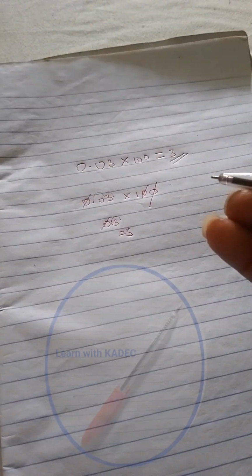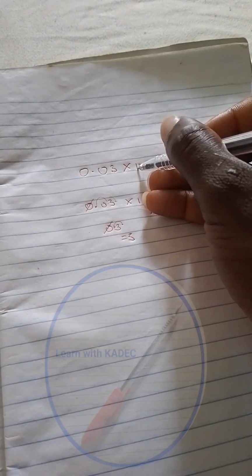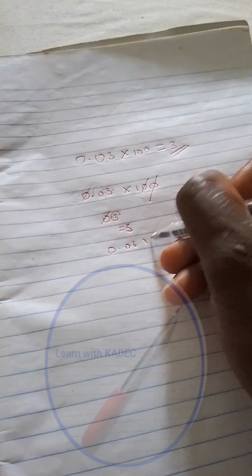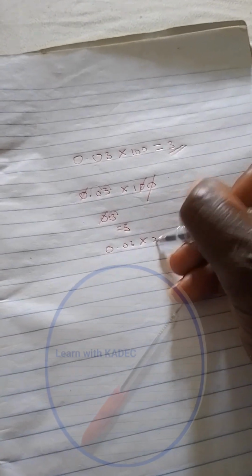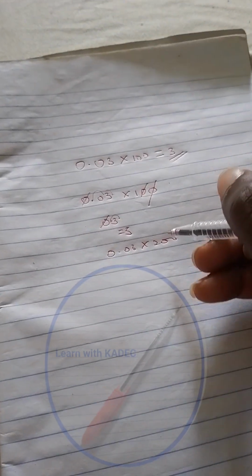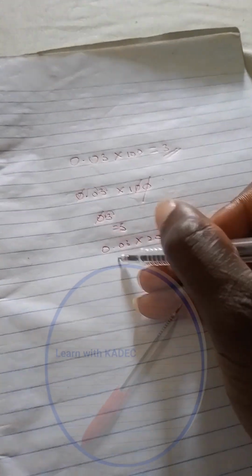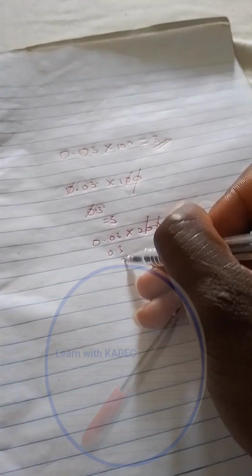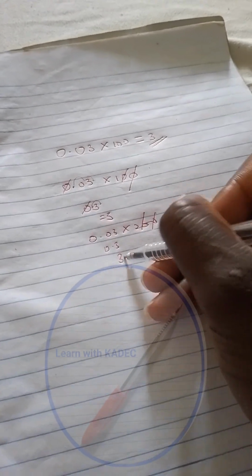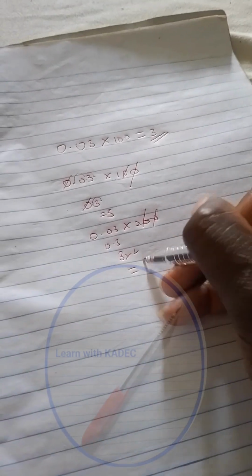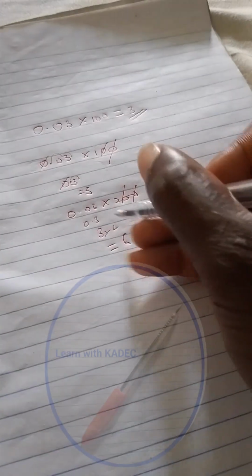Assuming this were 2 here, that is 0.03 times 200, for instance. When I sacrifice this 0, I have 0.3. I sacrifice this 0, I have 3. I'll say I have times 2 here. So multiplying by 2 will give me 6. You understand? Press the calculator, you will see there.